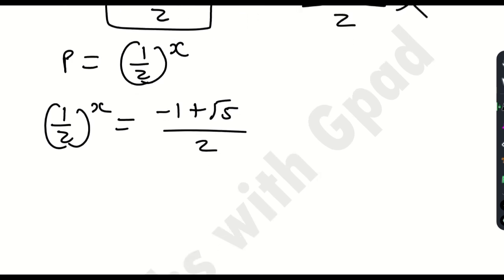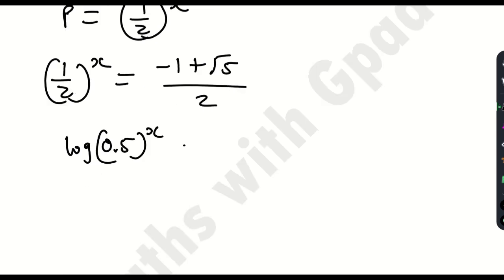I am going to take the logarithm of both sides because I need to drop this exponent of x. So that will be log 1 over 2 is 0.5. Let me just write it like that. Raised to the power x is equal to log -1 plus square root of 5 over 2. Okay. Now what I'll do next is to apply the law of logarithm here.